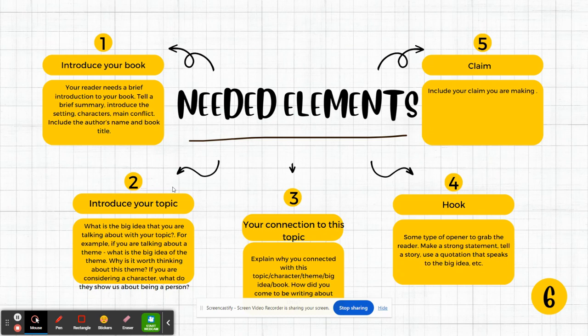And that's okay. But whatever your big topic is that you're talking about, so if you're thinking about theme or if you're thinking about character, emotions, you need to, again, introduce this idea of what you're thinking about this topic to the reader. So if you're thinking about emotion, say, I'm in this paper, I am talking in particular about the topic of anger.